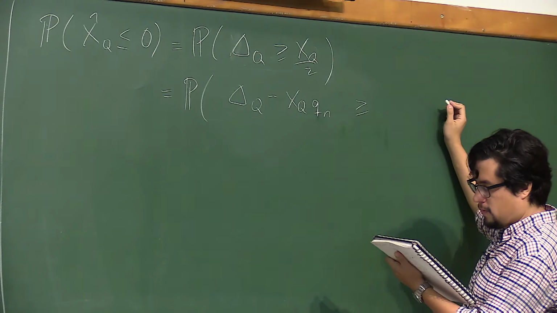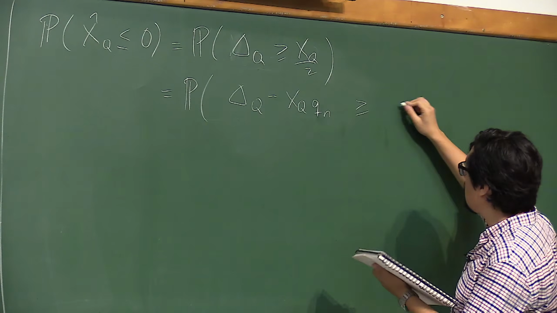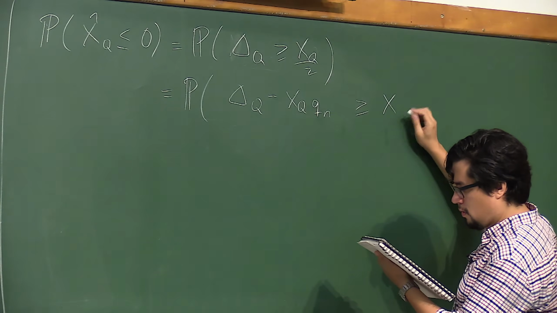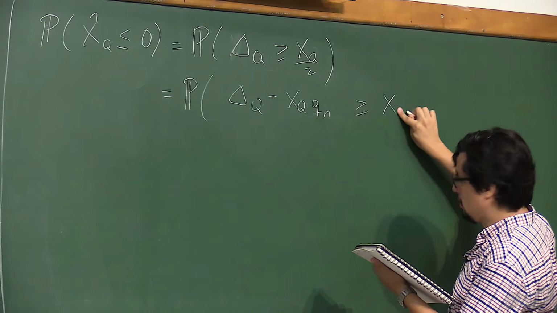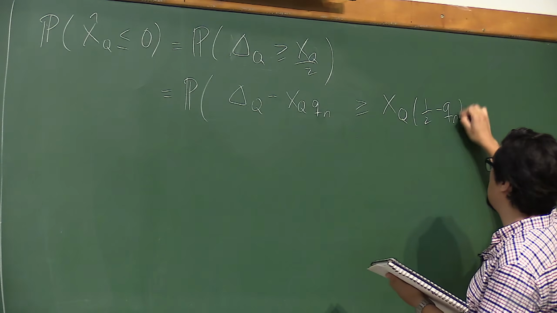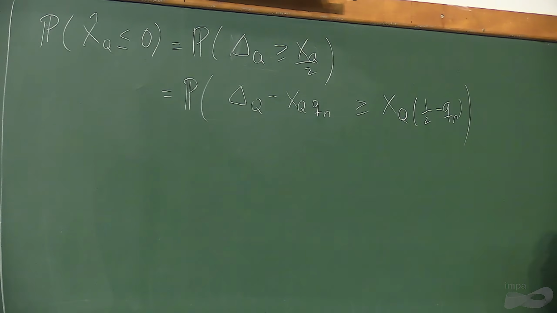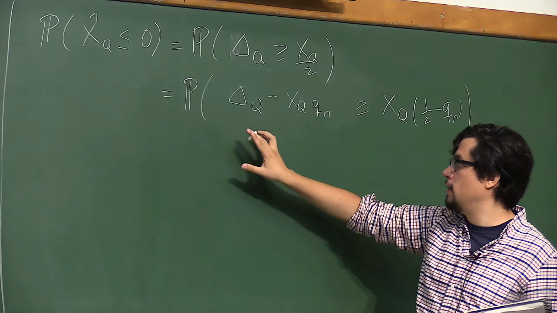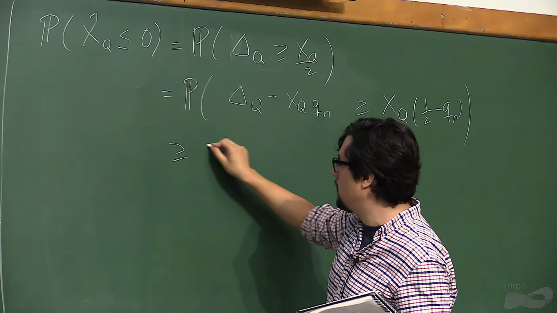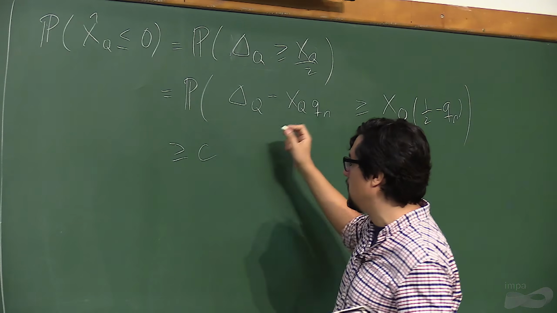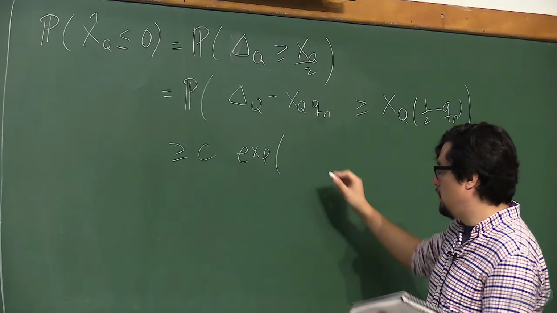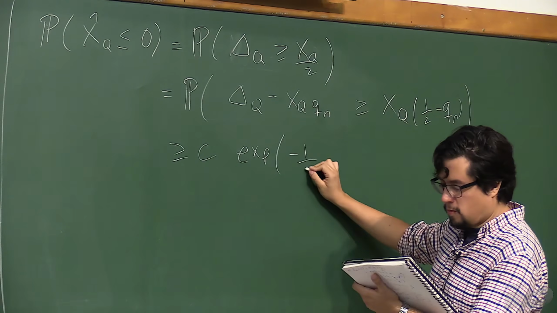This event is upper bounded by this, since xq and half minus q n is lower bounded by this. So by looking at concentration of sums of independent random variables, we can lower bound this for sufficiently large n as c times the exponential of 1/2 of log n.